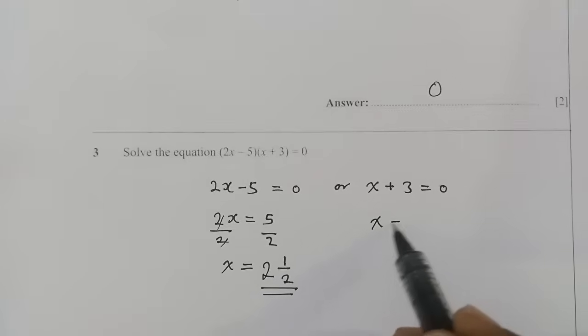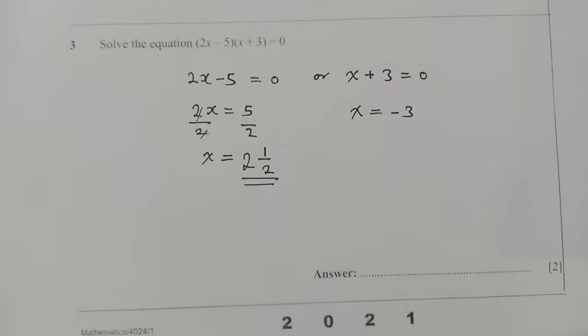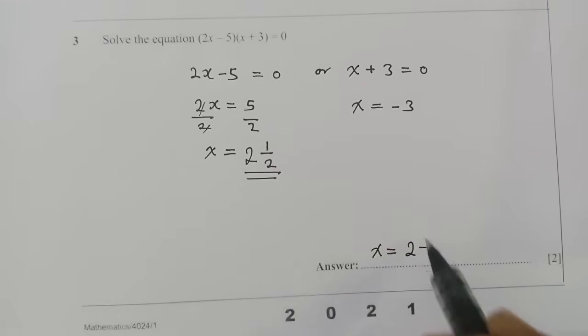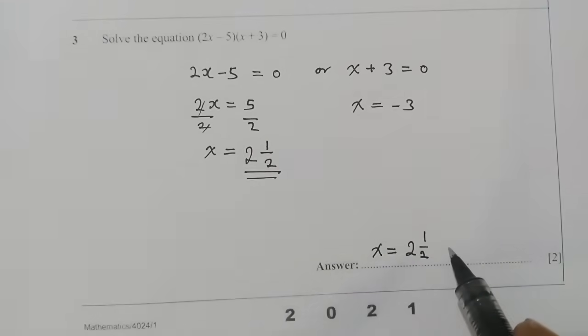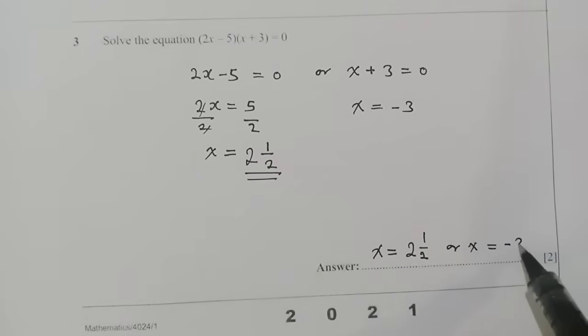Then for the other one, it will be x is equal to negative 3. So you can write your answers right here. X will be equal to 1 over 2, or x will be equal to negative 3.